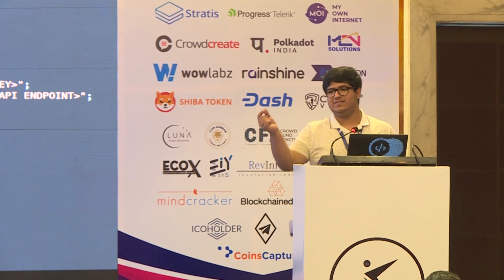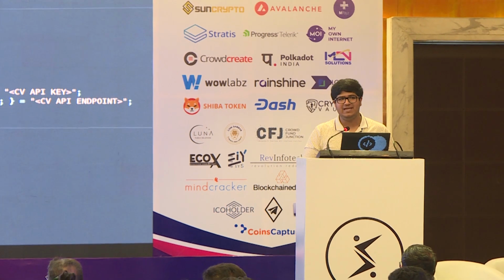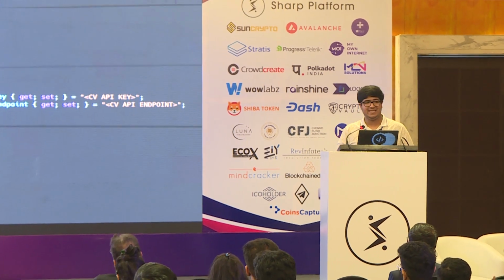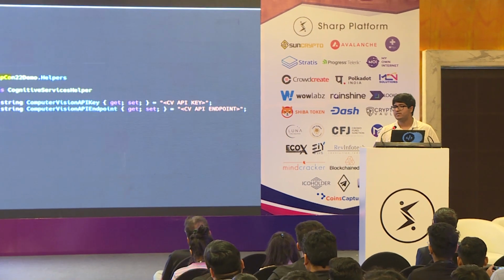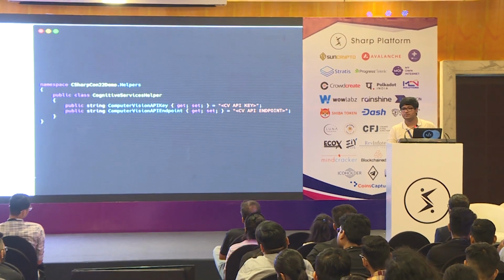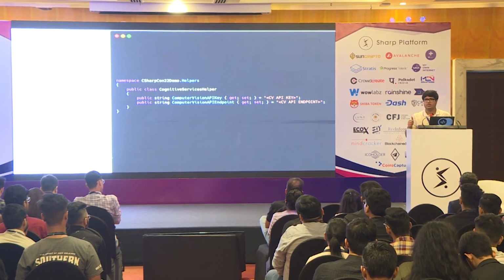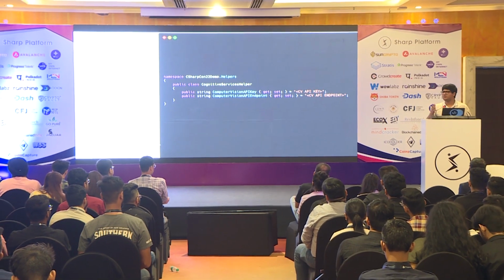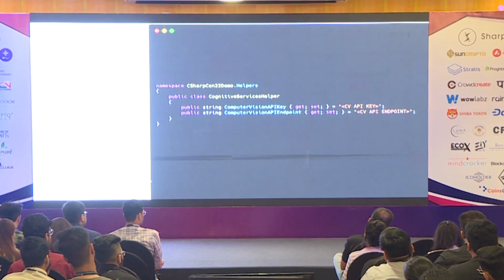Along with that, we also have a helper file in this application under the helpers folder, which is basically where you would add your API key and endpoint. And this is just for reference because we're going to be looking at code later on and referencing this. But I wanted to not hard code my API key directly into the functions. In the future, what I do recommend though is, wherever you have API keys or private information, at least with .NET-based applications or any mobile applications, please do use Web API backends.